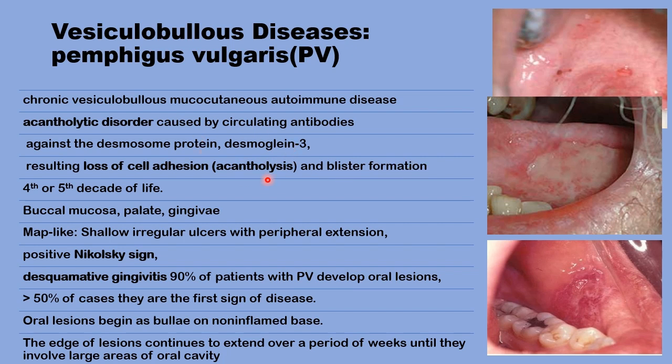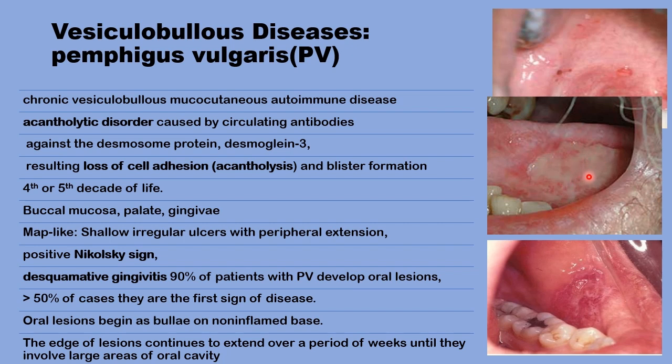It affects subjects in their 4th or 5th decade of life and affects mostly the buccal mucosa, the palate, or the gingivae. It gives rise to map-like shallow irregular ulcers with peripheral extensions.